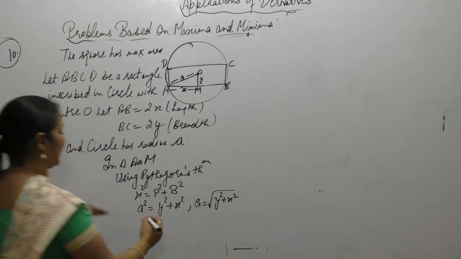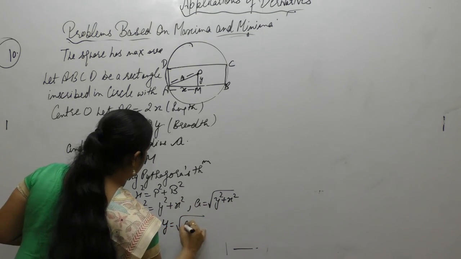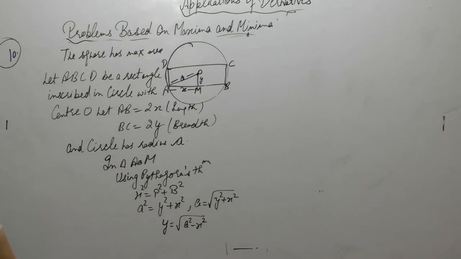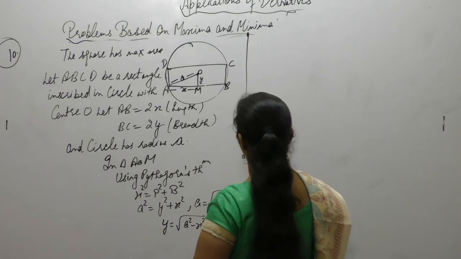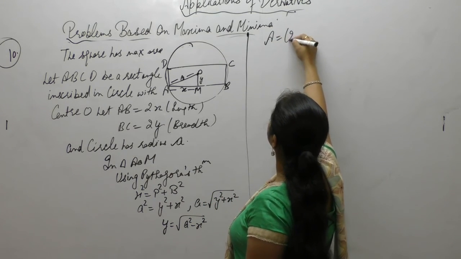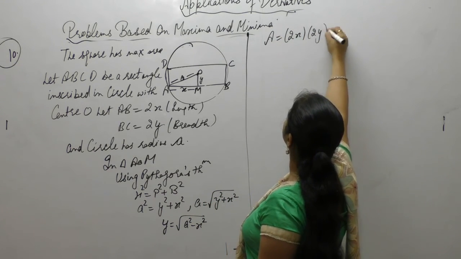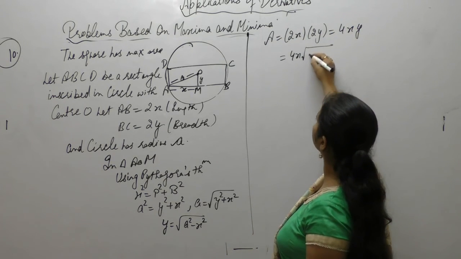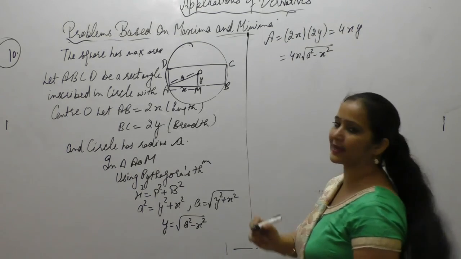Or from here we can find y as the square root of a square minus x square. Now area of rectangle is length into breadth, 4xy. Y is the square root of a square minus x square.